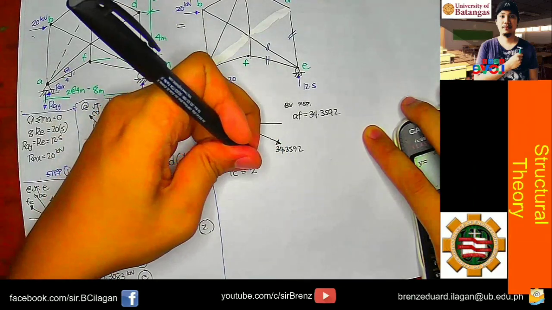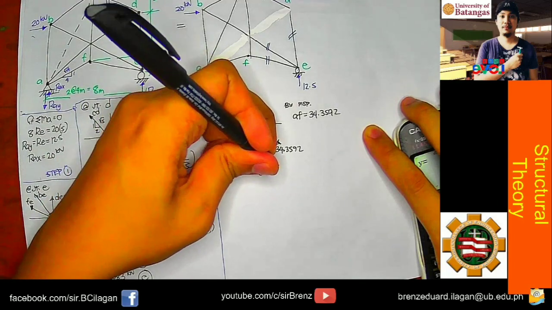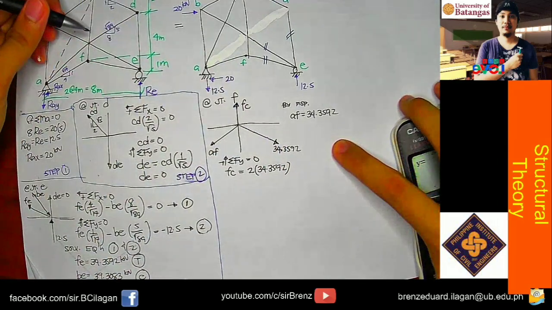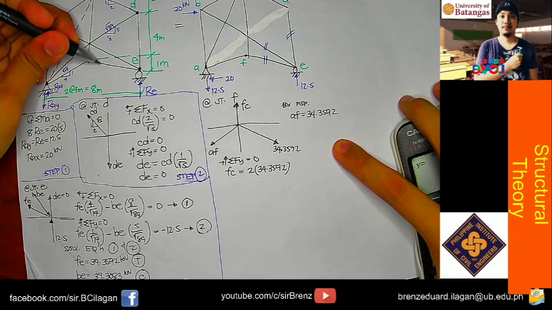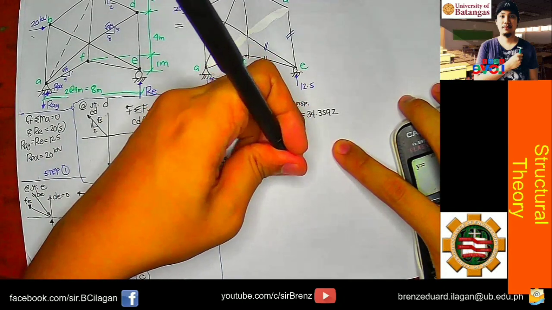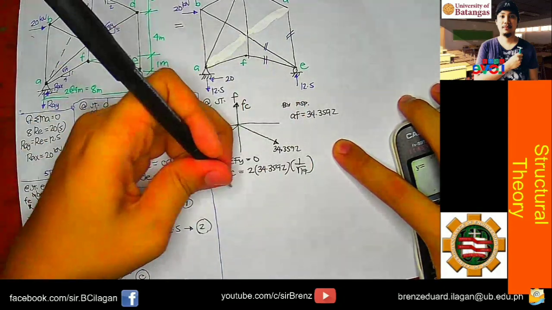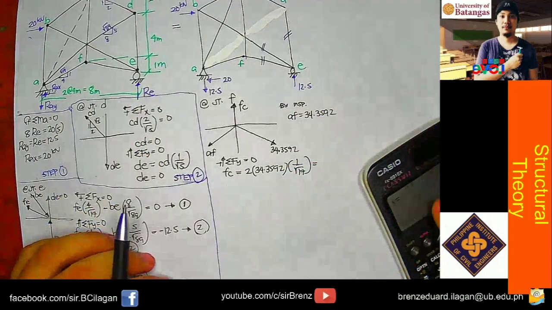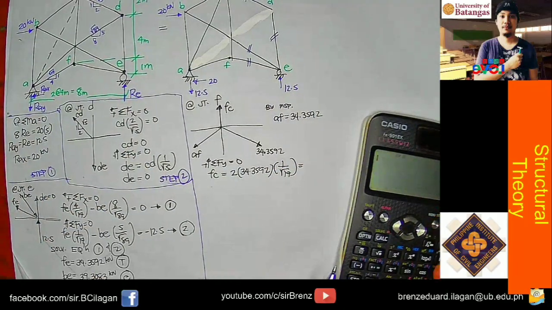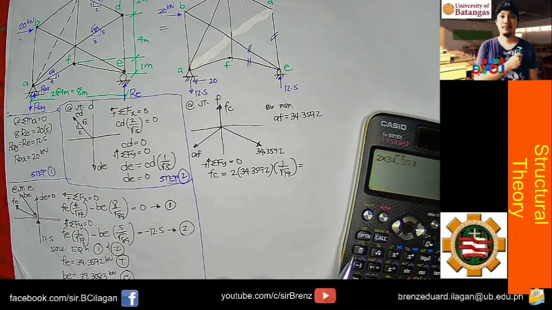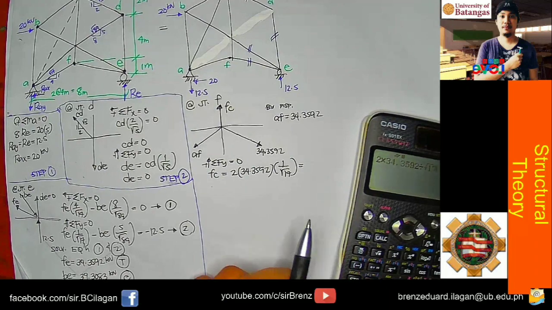Since pareho lang naman sila, 2 times 34.3592, and then tingnan mo yung F mo, ano nga yung slope nito? So kukunin mo nga Y component times 1 over square root of 17. Or the answer for FC is equivalent lang sa 2 times 34.3592 divided by square root of 17.